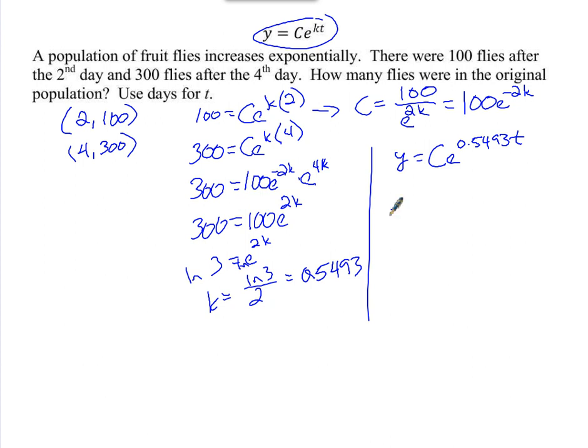So let's find C. C equals 100 divided by e to the 2 times 0.5493. Now remember, we're not going to use the rounded value there. What do we get? 33.3 repeating.